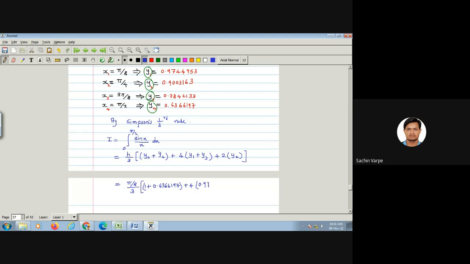0.9744953 plus y3, 0.784213, and plus 2 times the odd ordinate, that is y2, 0.9003163.